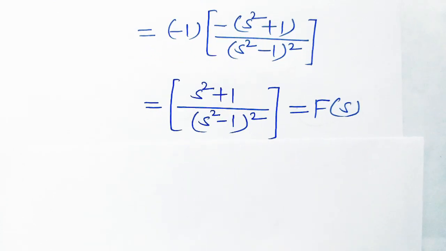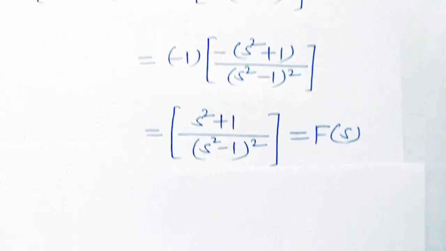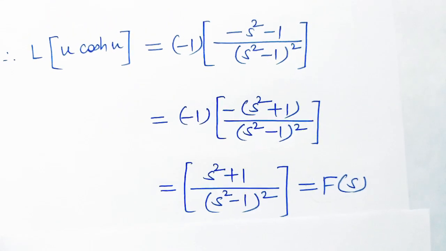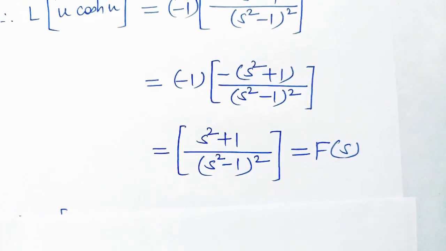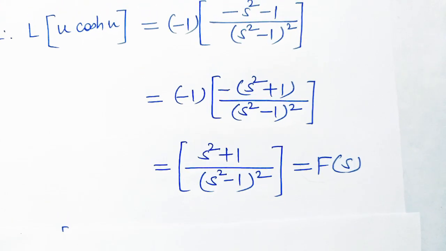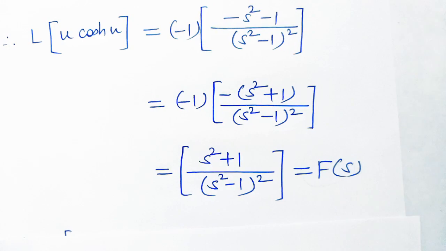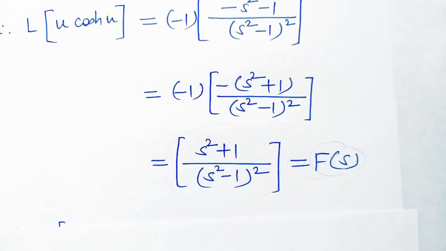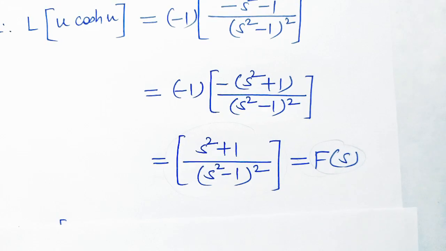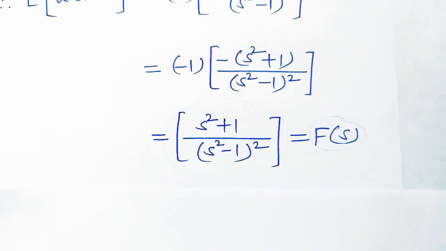And since after cosh of u and u, we have the next term as the integration sign, the moment we introduce the integral sign on the left hand side, on the right hand side, this entire F of s function needs to be multiplied with 1 by s as per the standard statement.